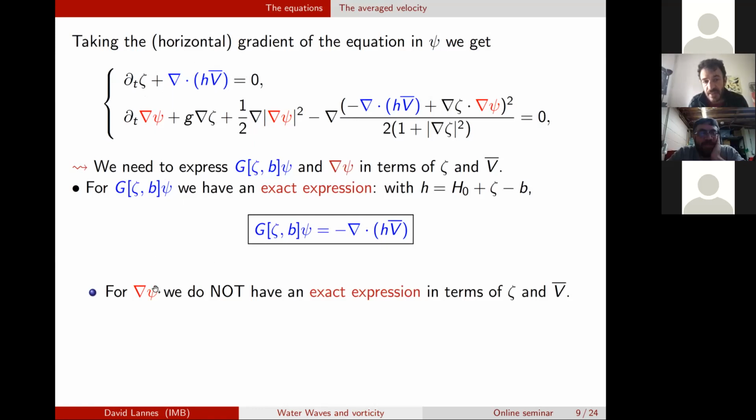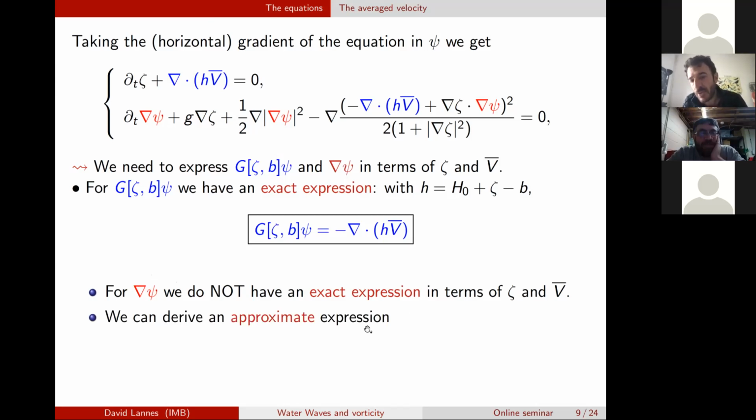For the red quantity, things are not as simple because you cannot have an exact algebraic expression of grad psi, which, as I said, is essentially the tangential component of the velocity at the surface. We don't have an expression of this in terms of this average velocity V bar. So what you have to do is derive an approximate expression.